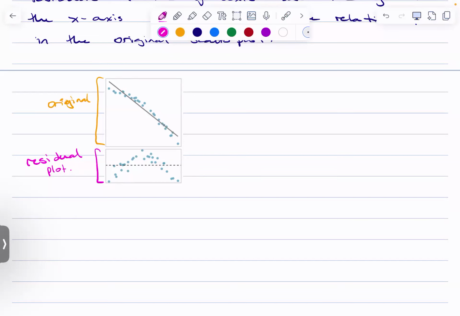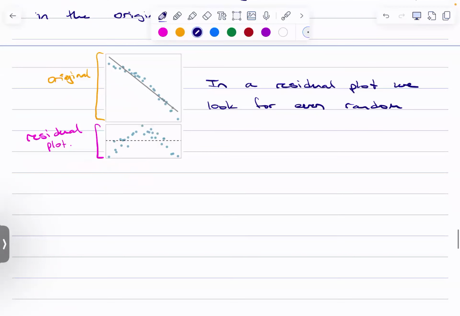But for us, in a residual plot, we look for even random scatter around 0, which is here at this dashed line.